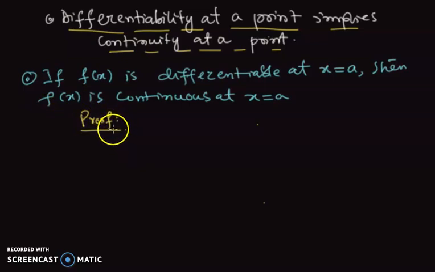What I'll show here is the condition of continuity, that limit x goes to a of f of x is equal to f of a. So I'll show this.